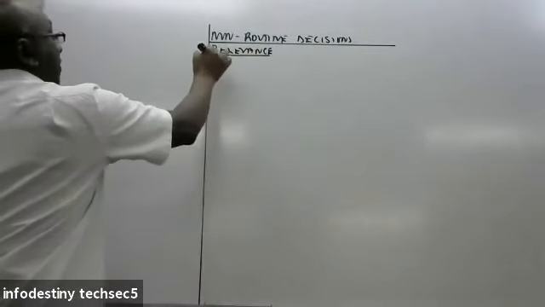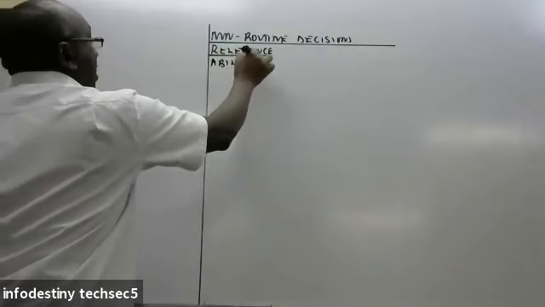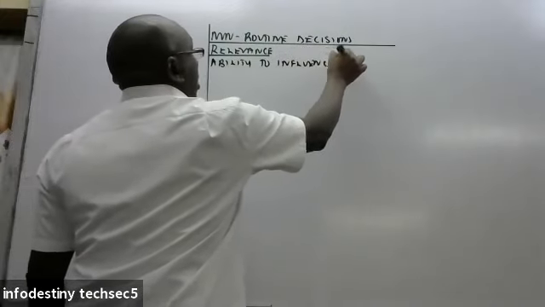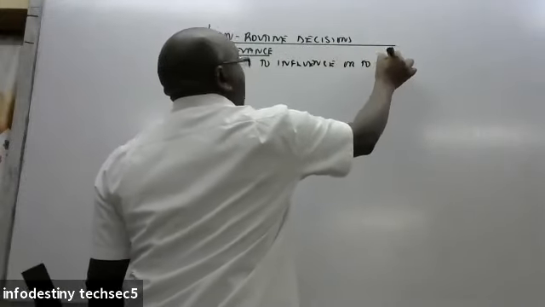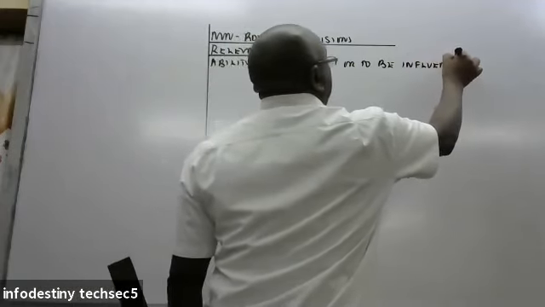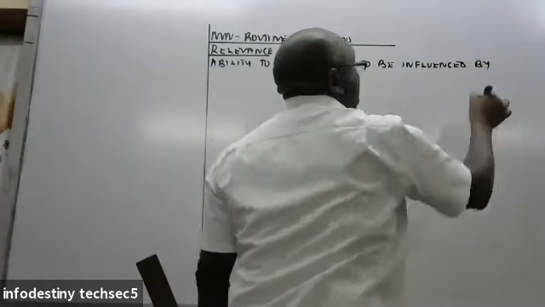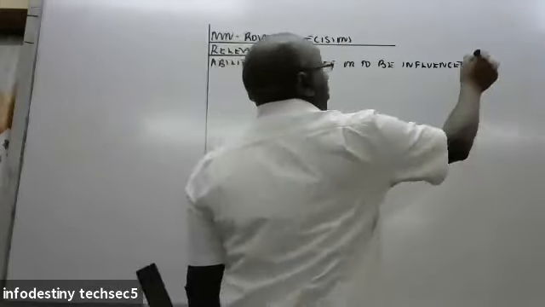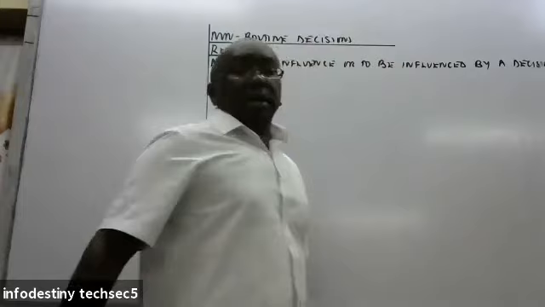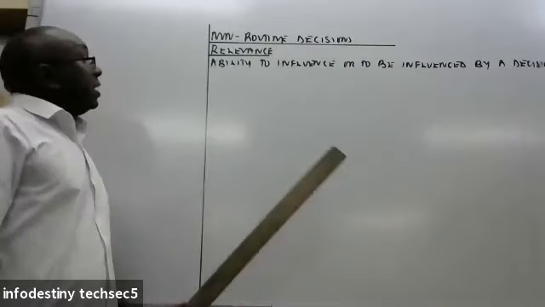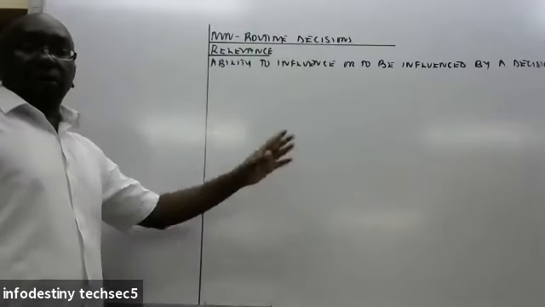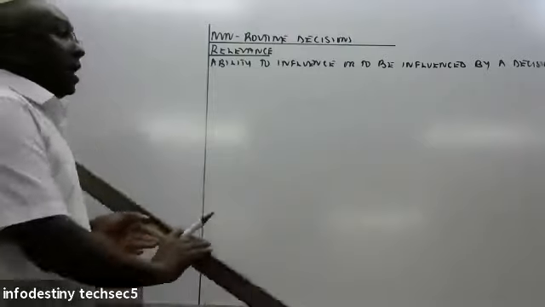Now, first of all, relevance is the ability to influence or to be influenced by a decision. That is what we call relevance. It is the ability to influence a decision or to be influenced by a decision.